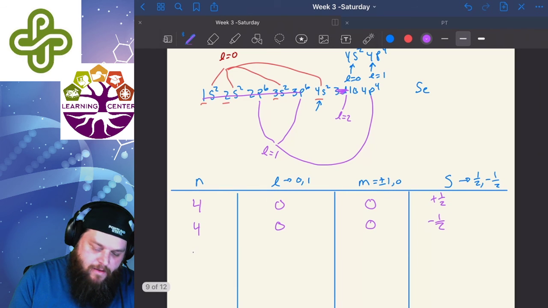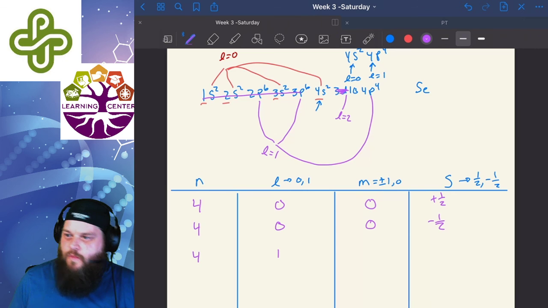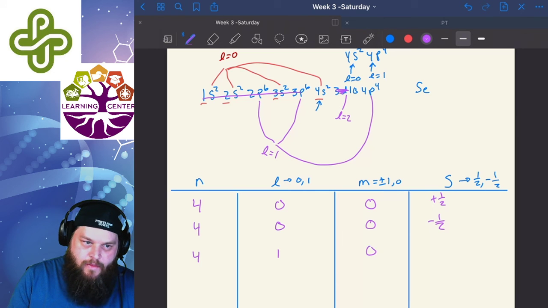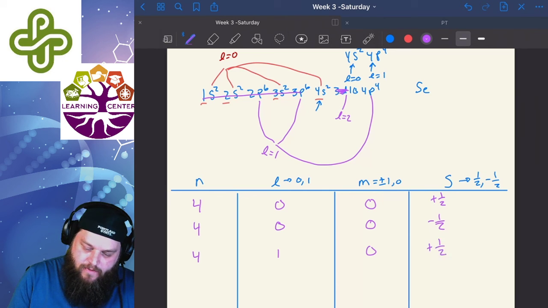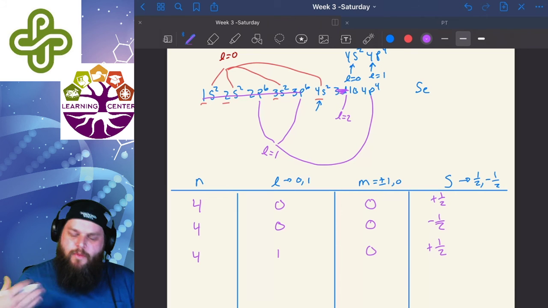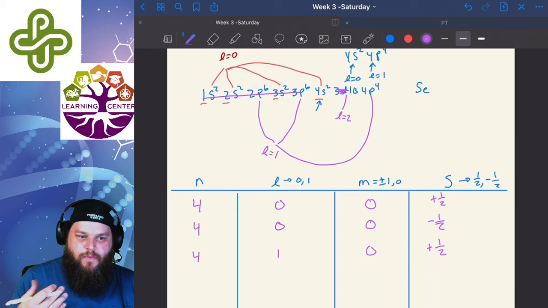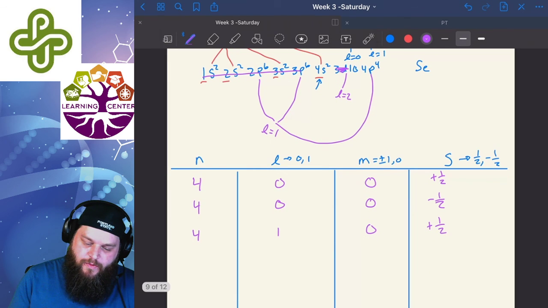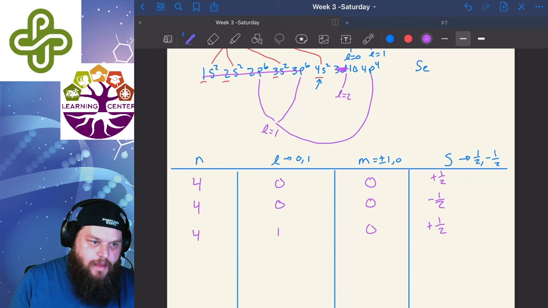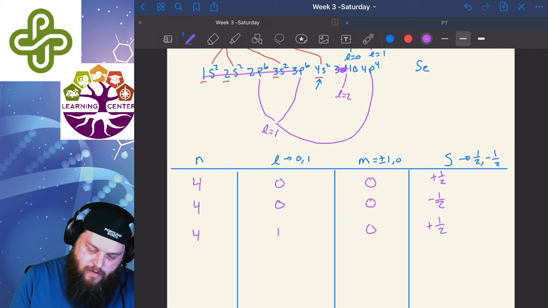Then we're going to have the first one in the P group, which has L equals 1. It's going to have an M of 0. We're going to have a +1/2 on there. But like I said, all of them are going to be positive until we have everything filled up. And there's 3 different M groups, right? So you can have a 0, a -1, and a +1.